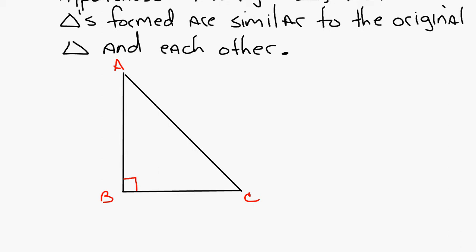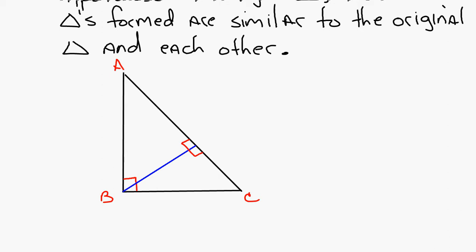So the altitude drawn to the hypotenuse is right here. It goes from a vertex to the hypotenuse. Altitudes always intersect at 90 degrees, so these are both 90. So you have this little triangle, a bigger triangle, and the big triangle. They are all similar to each other, which means all the corresponding sides are proportional. Okay?